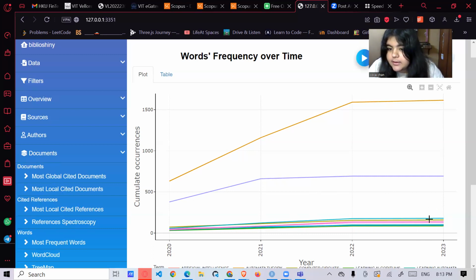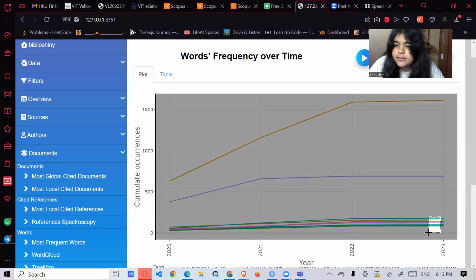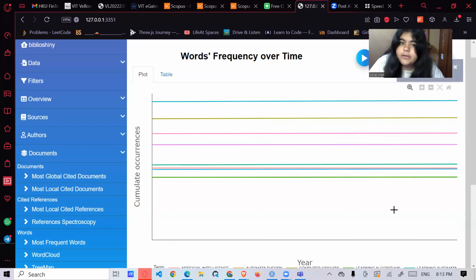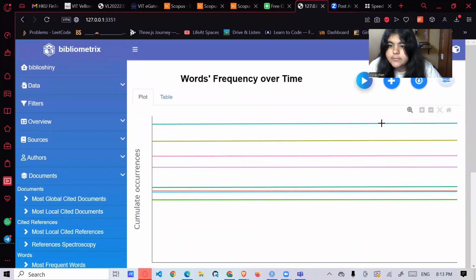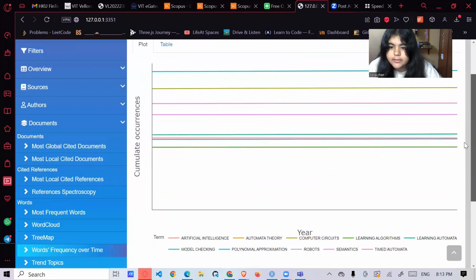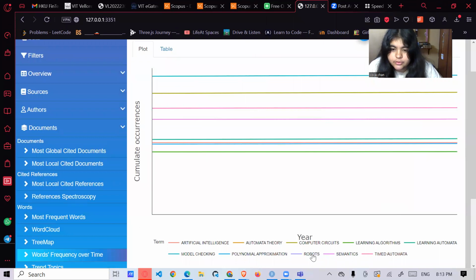So you have themes like model checking. I'm going to go into detail over here. These are comparatively lower occurrences, right? But you can see robots, polynomial approximation is here, and model checking is here.